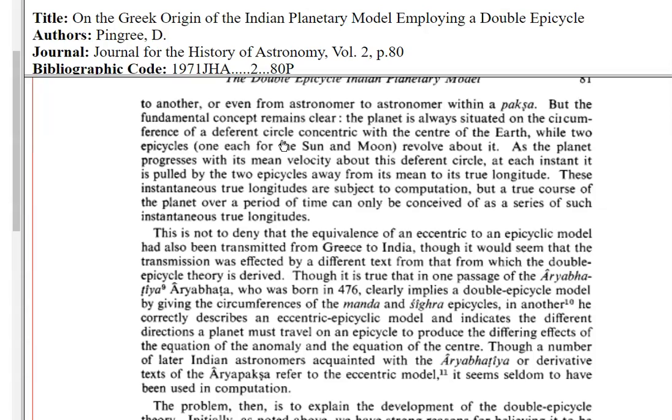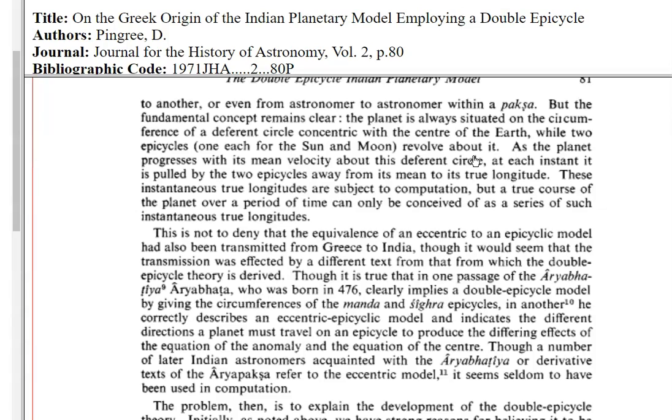The planet is always situated on the circumference of a deferent circle, concentric with the center of the Earth. That is in agreement with Aristotle's logic, because Aristotle said that the planets are going in a circular motion, and the center of that circle is the Earth.